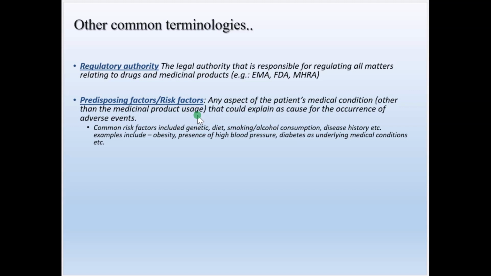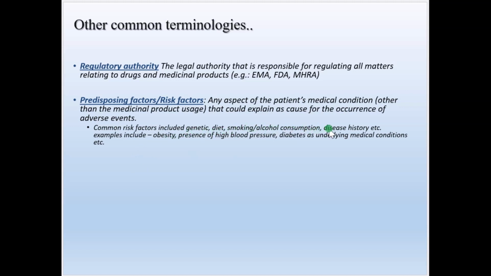Predisposing factors or risk factors. These terminologies are ideally used during causality analysis. So, in the earlier slide, we got to know what ongoing medical conditions or concurrent illnesses and past medical conditions of a patient are. So the term risk factor or predisposing factor refers to any aspect of the patient's medical condition, other than the medicinal product usage, that could explain the cause for the occurrence of adverse events.